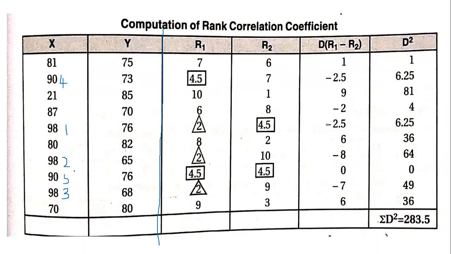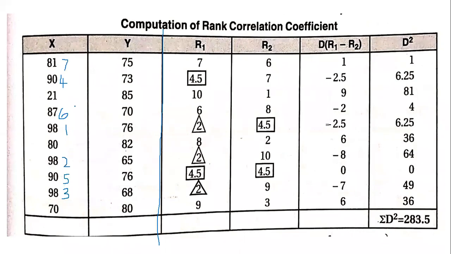Now after 90, the next highest number is 87. So 87 is sixth rank. See here, 90 I have put as fifth rank, so 87 is sixth rank. Next, after 87, 81. So 81 is seventh rank.